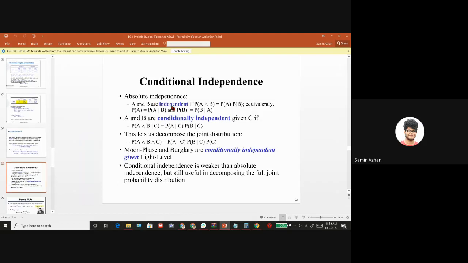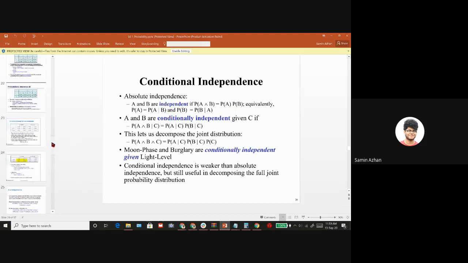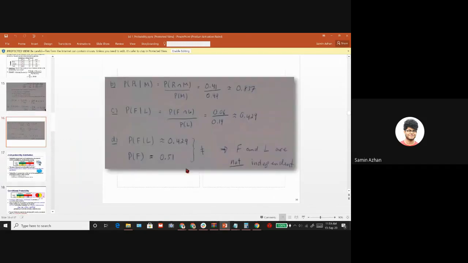Now, there's something called conditional independence. First, let's look at the independent variable again. If A and B are completely independent, then the probability of A should equal the probability of A given B. We saw that here.